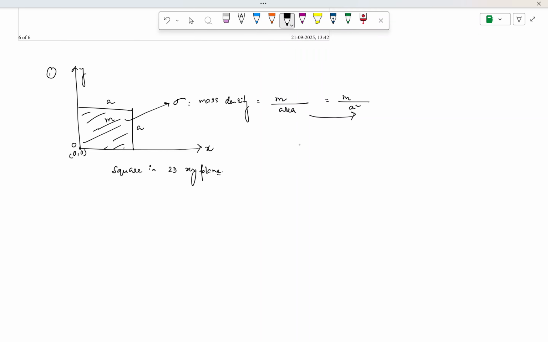Now, how do you calculate the moment of inertia in such a case?